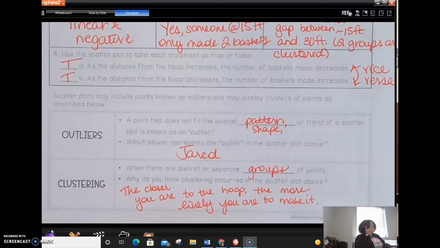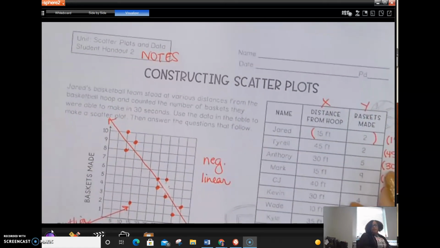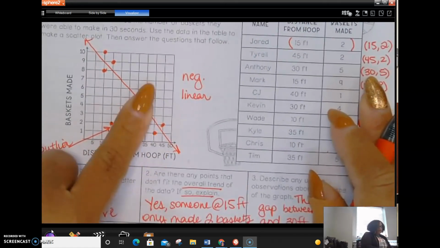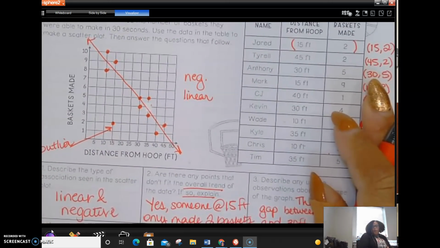Boom, done. Okay, so we know that if you're close to the net, you're more than likely going to make it. And if you're a basketball player, then the farther you get from it, you may not get your best work there.